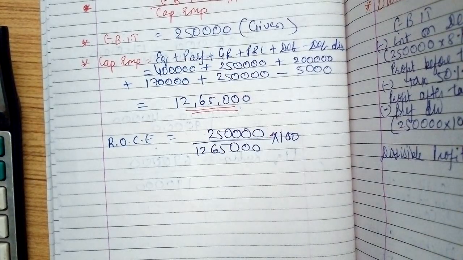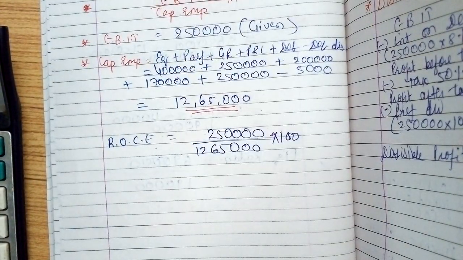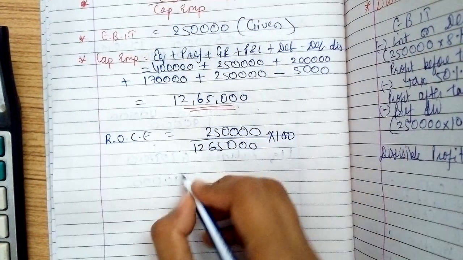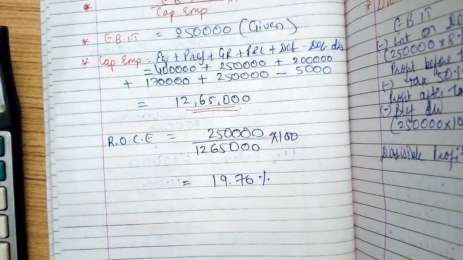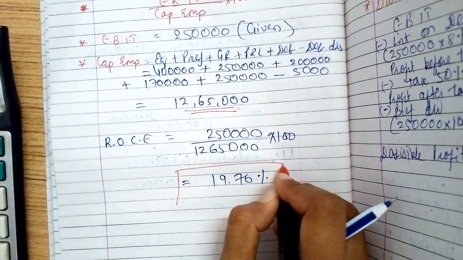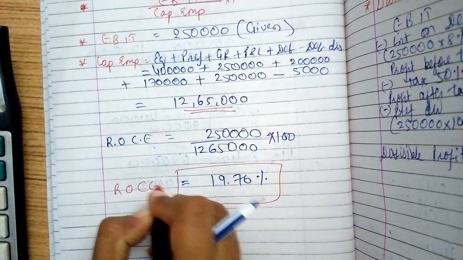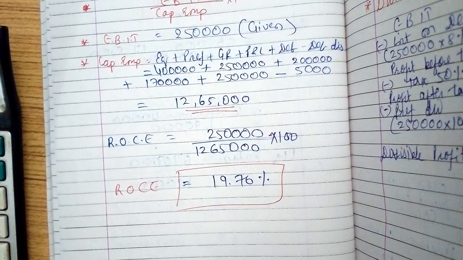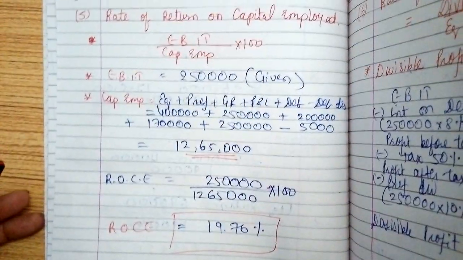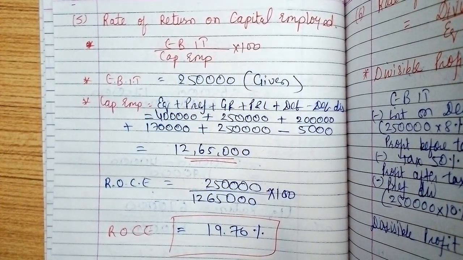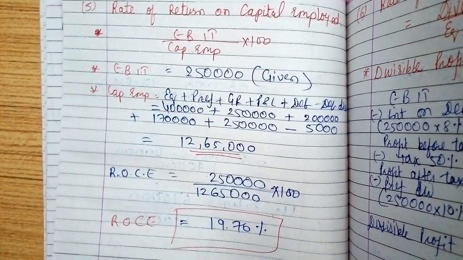So return on capital employed is 19.76%. So this is the answer of return on capital employed, EBIT upon capital employed. Okay.